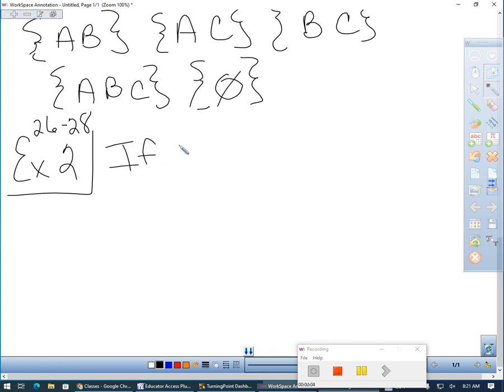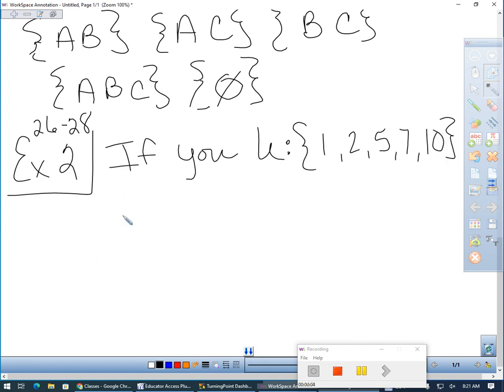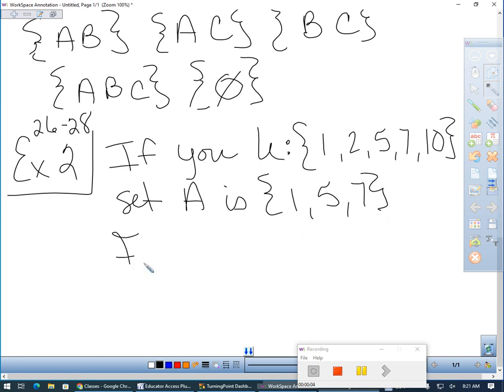If your universal set is, let's say, 1, 2, 5, 7, 10, and let's say set A is 1, 5, 7, find A prime.